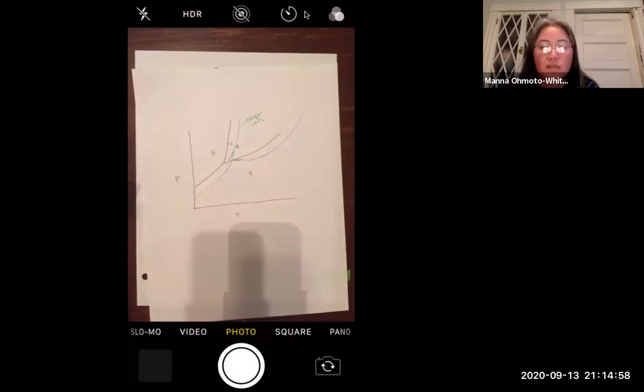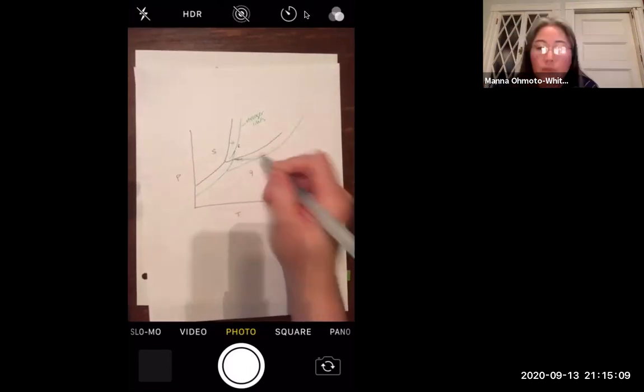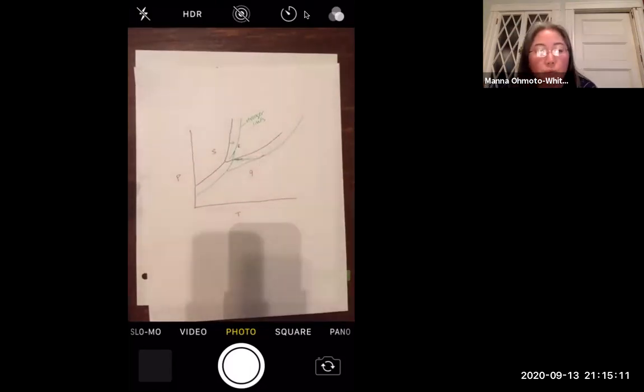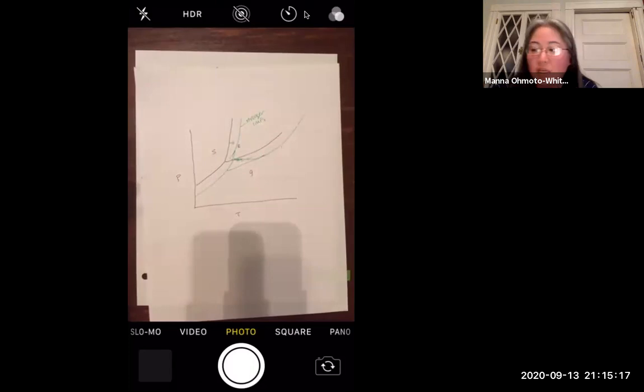So I would expect my graph to be transformed, shifted to the right, and probably down more. This should actually be right here, because I would need to lower the pressure to get the same change of state. So green is for stronger IMFs, and this is for weaker IMFs. Where it transforms, whether I shift left or right, depends on the IMFs.